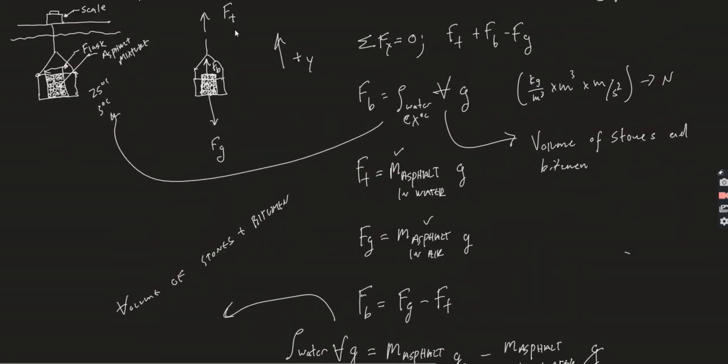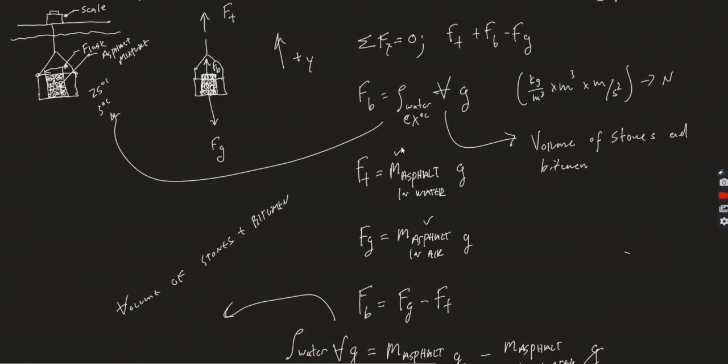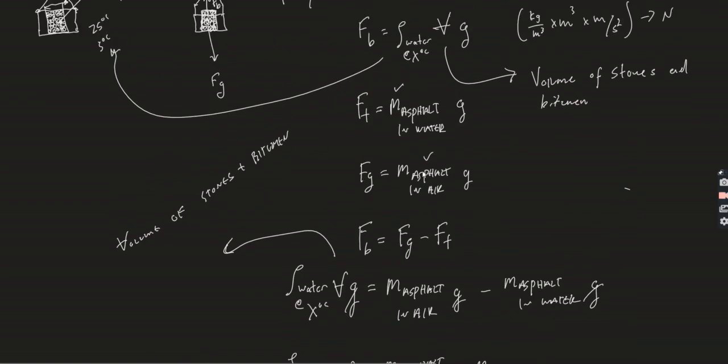The tension force is measured on the scale as the mass of asphalt in the water times gravity. And this is actually measuring the difference between the buoyant force and the gravity, essentially. But we have a measurement for it from the scale. So then we also have a measurement for the mass of asphalt in air before we submerge the specimen. So we know these two values.